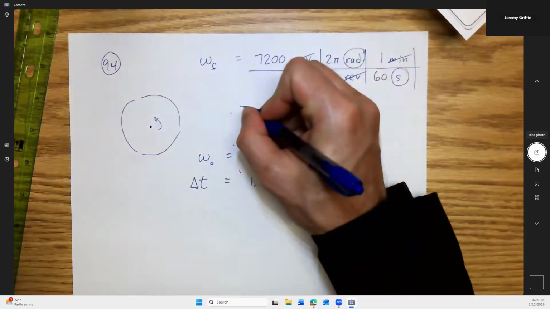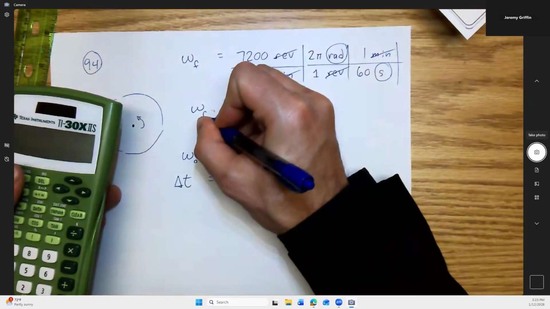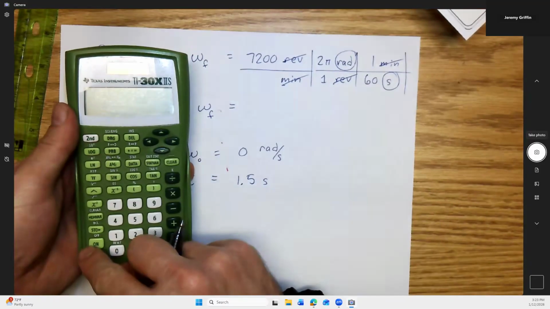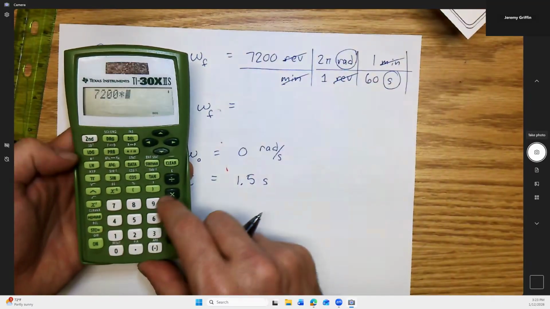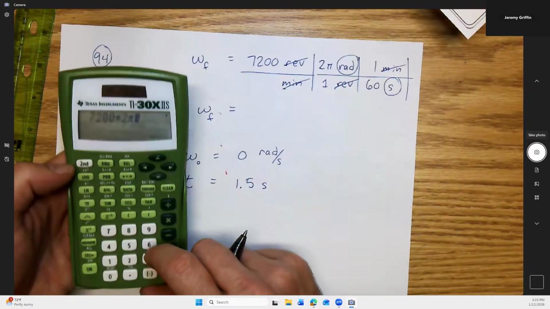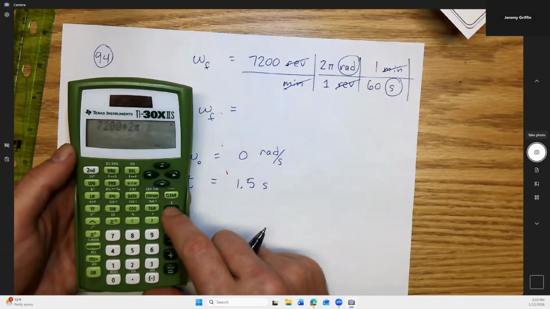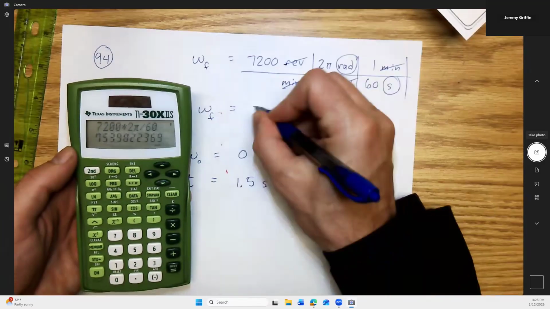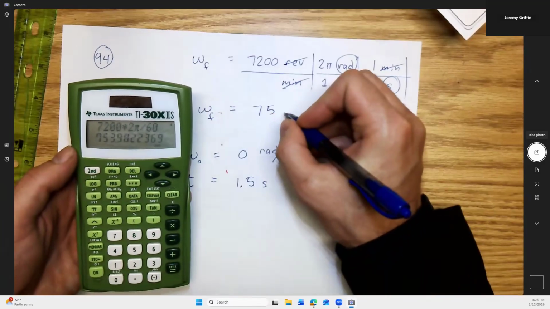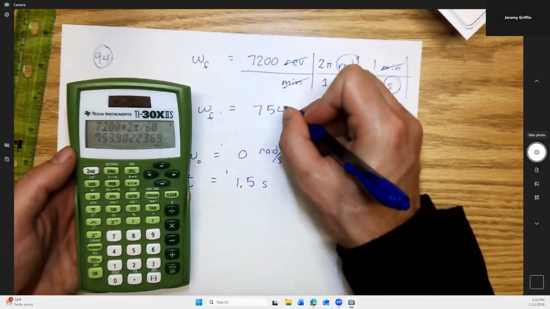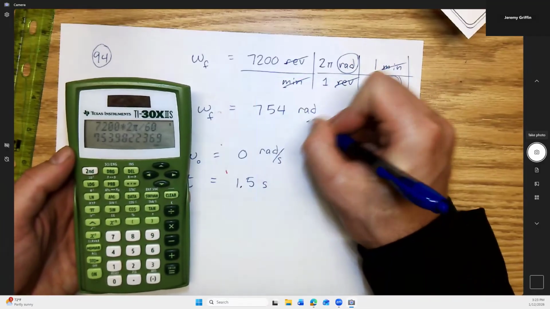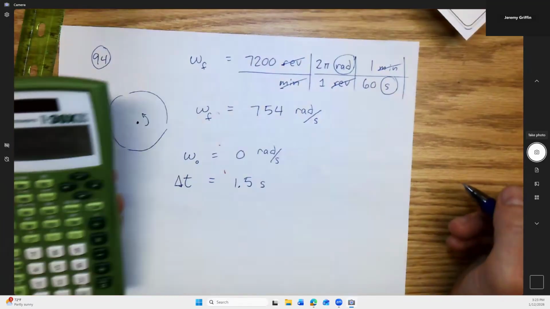So let's just feed this into the calculator and get the target angular velocity in radians per second. So 7,200 times 2 pi, and then divide by 60. I'm looking at 753.98. I'm just going to call it 754 radians per second. You guys got that too?